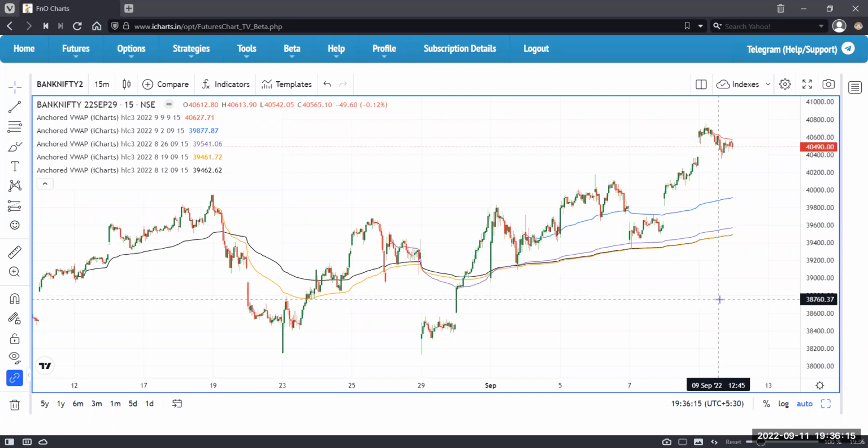That is new positions coming into the new expiry. That volume becomes very important, it supports whatever move is going on, and we track that using AVWAP.